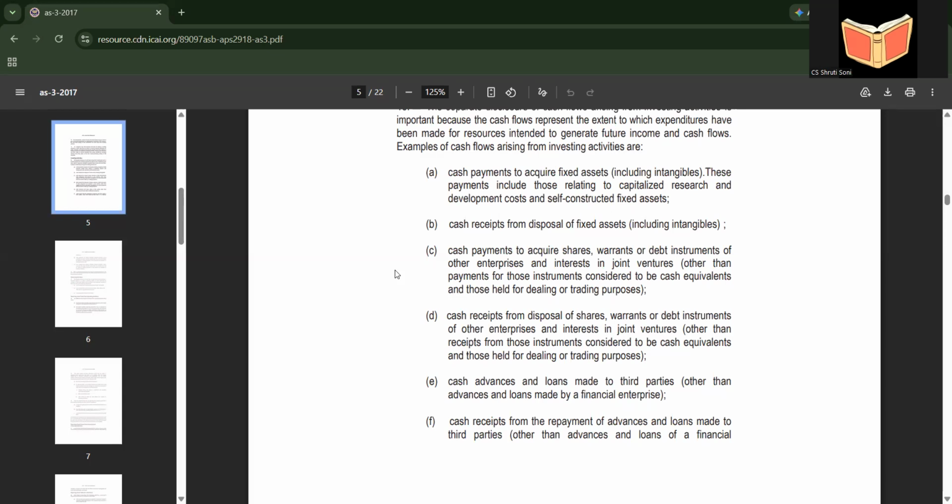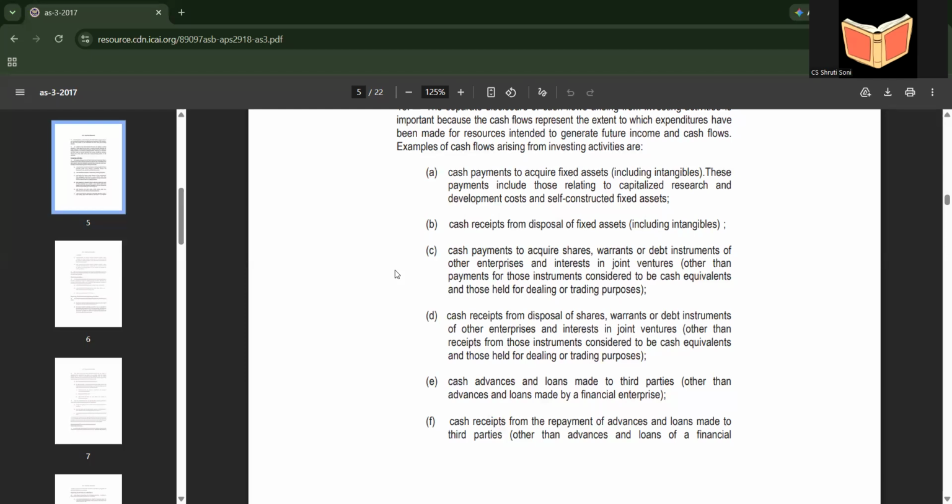Now there is another similar query. If there is a bank, let's say A Bank Limited, and it is preparing its CFS, assume it's a financial entity. How is it going to deal with interest payments and receipts of interest?